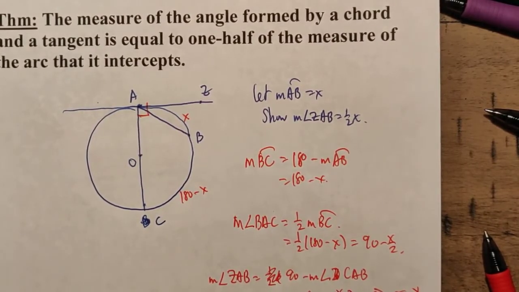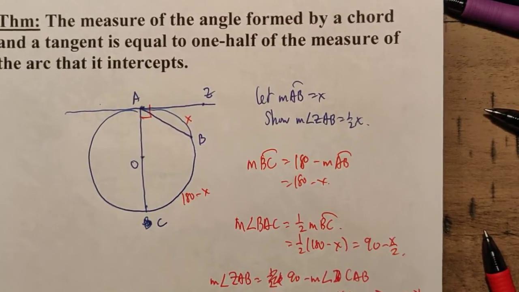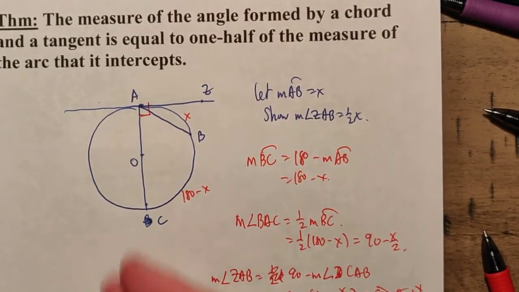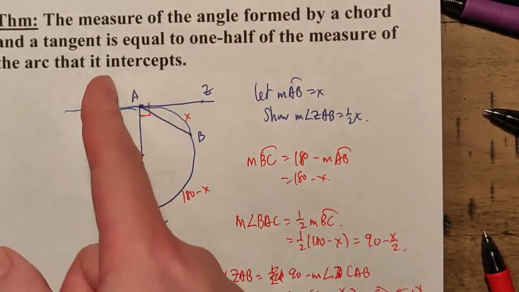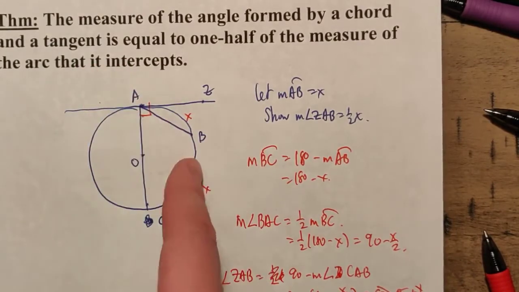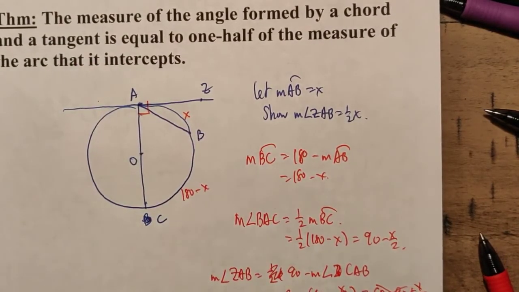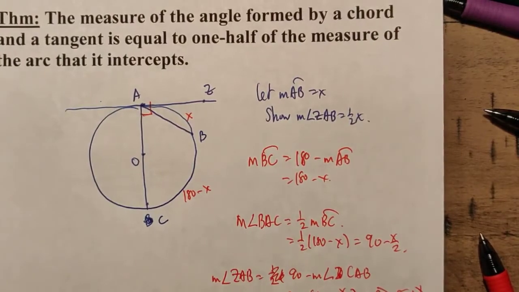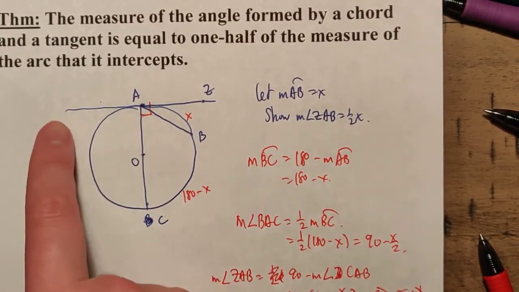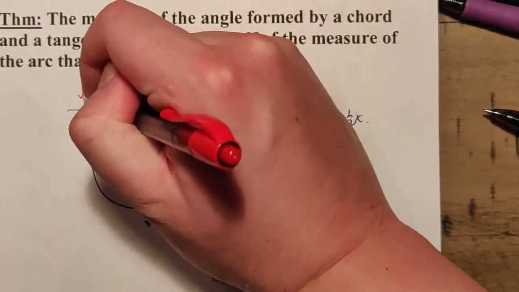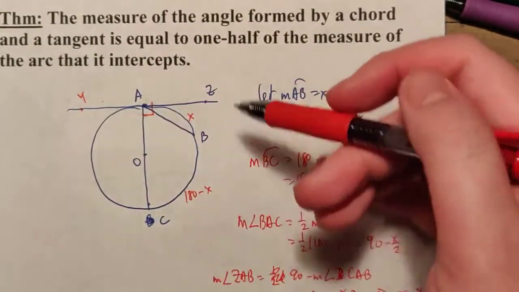Now, note here, ladies and gentlemen, that this is not the full proof of the theorem, because we did this with a tangent like this, where you have your AB, and AB being a portion of this. We could also have it the other way around. I could have this point out here, Y, and do YAB and see that that's 1/2 of BCA.